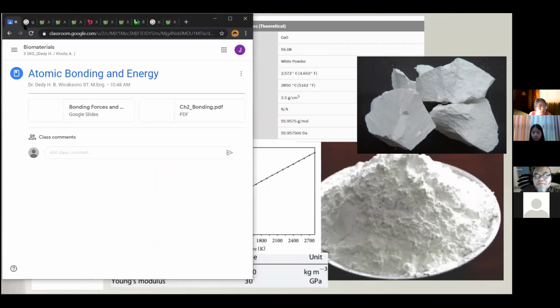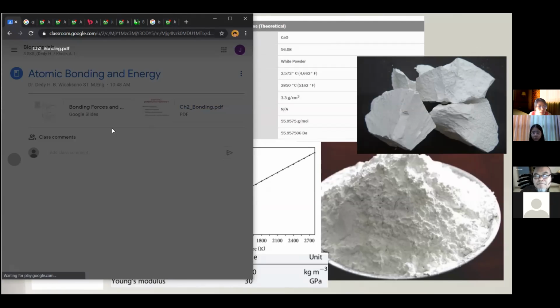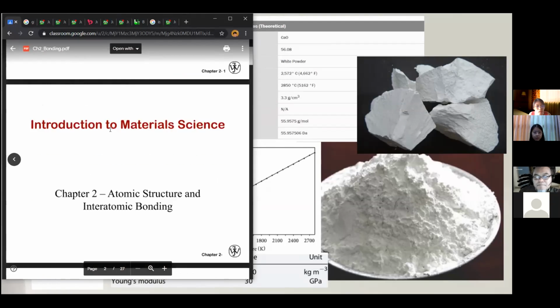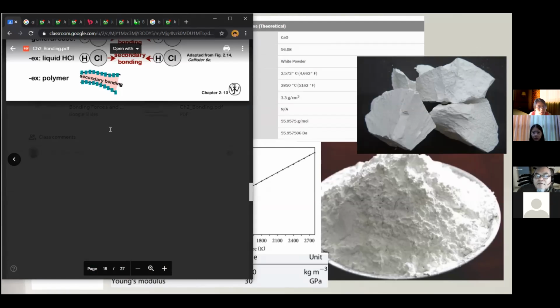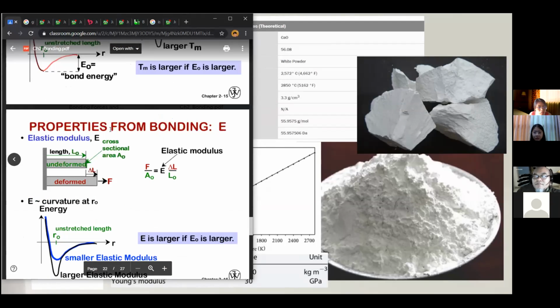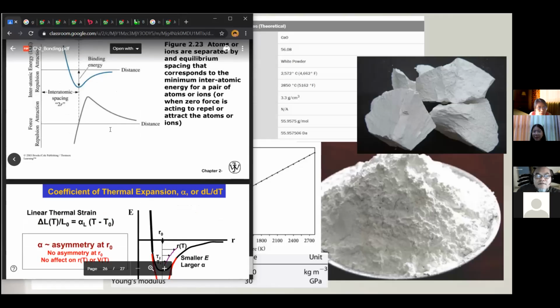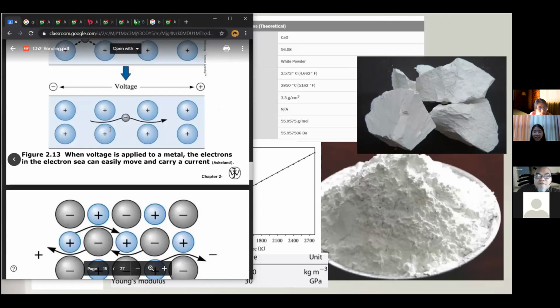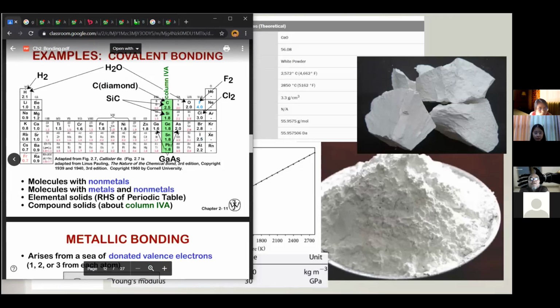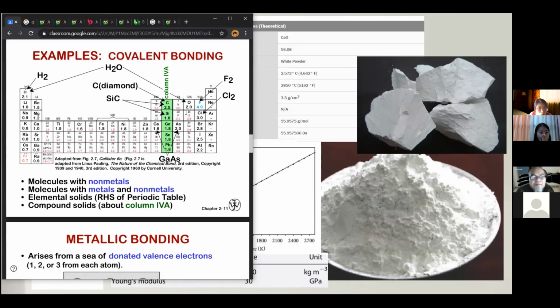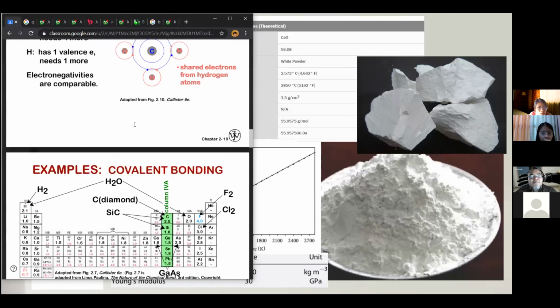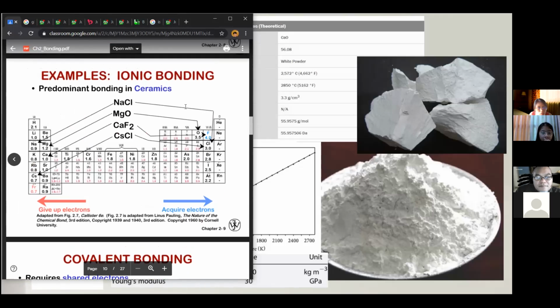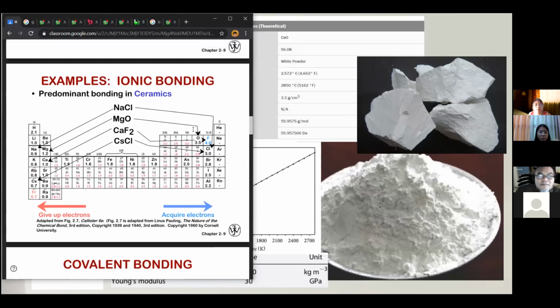Oxygen is 3.44. Based on your PowerPoint, the oxygen has 3.5 and the calcium has 1.0.